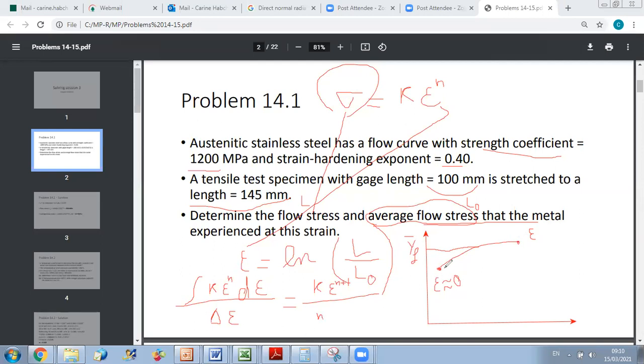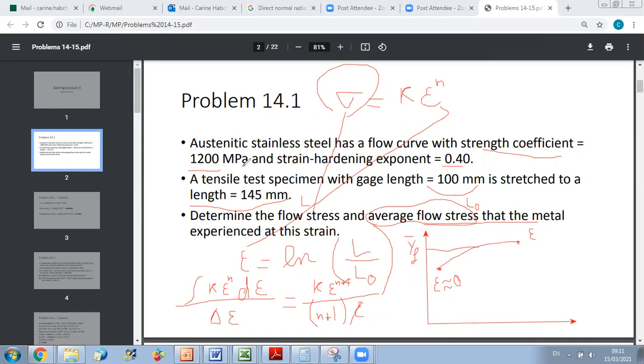If I consider that epsilon at yield is very close to 0, it's n plus 1 times epsilon. If you simplify, epsilon to the power n plus 1 over epsilon is epsilon to the power n. This is why the average flow stress is computed as K epsilon to the power n over n plus 1.